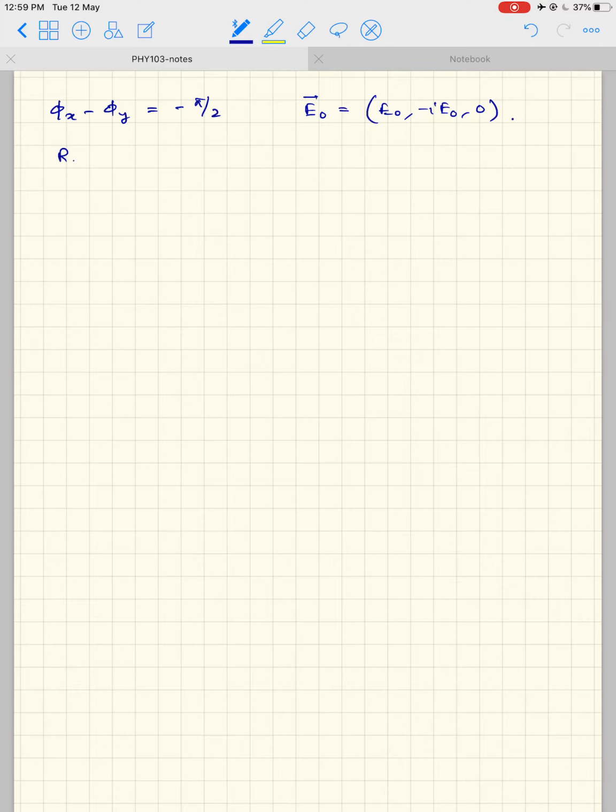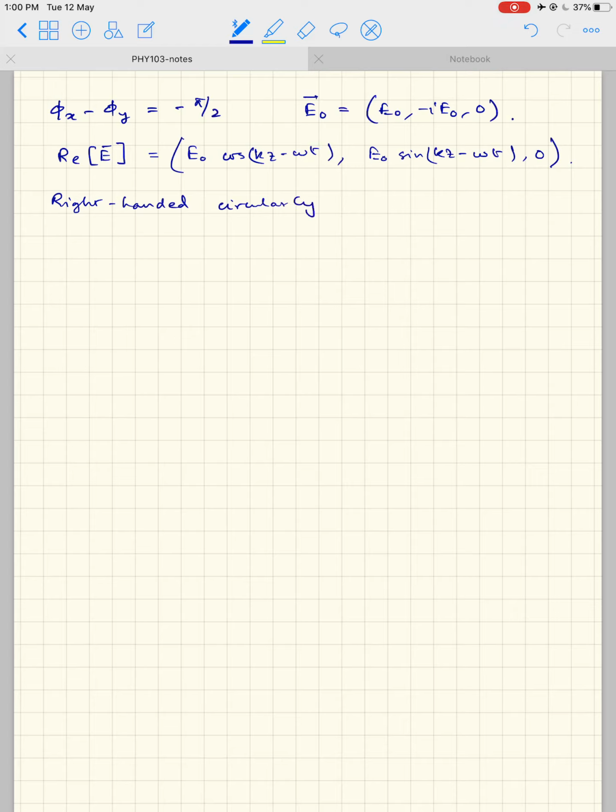So that means that the real part of E will now become E naught cos(kz minus omega t), E naught sin(kz minus omega t), and 0. This is right-handed circularly polarized light.